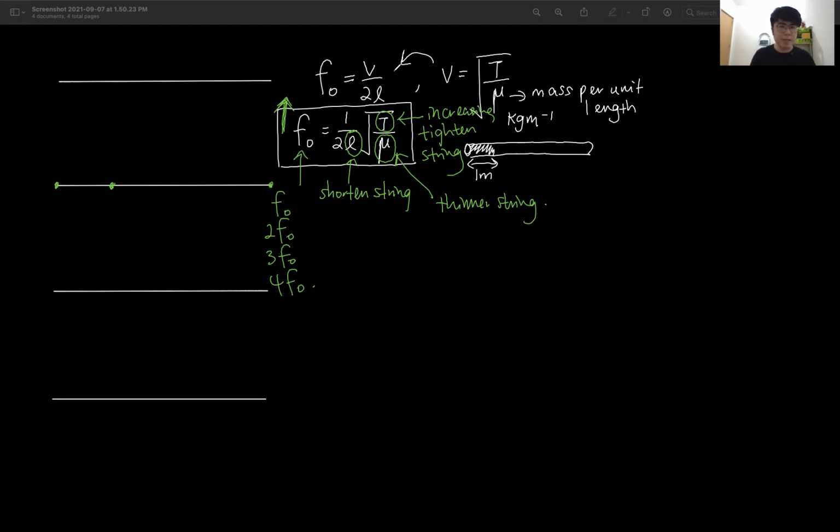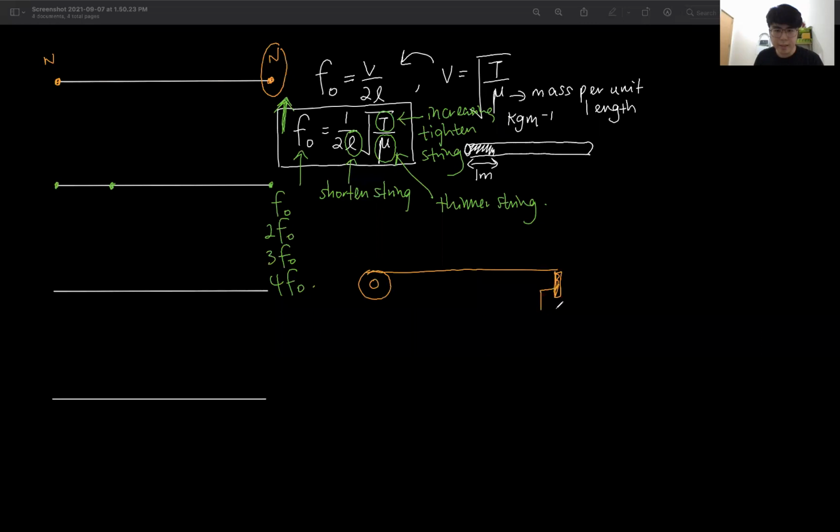So sometimes I can connect these strings. Now for a fixed string, we have 2 nodes end to end, right? Sometimes I can replace one end with a signal generator. For example, I can connect my string like this. You see, I take a pulley.